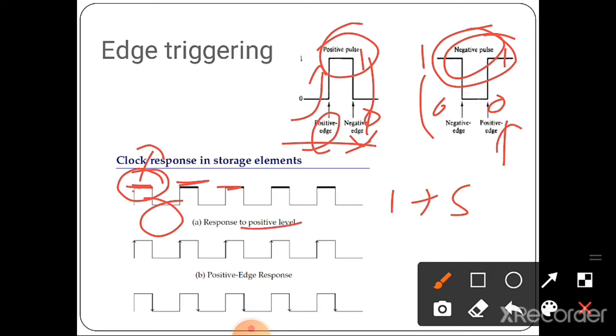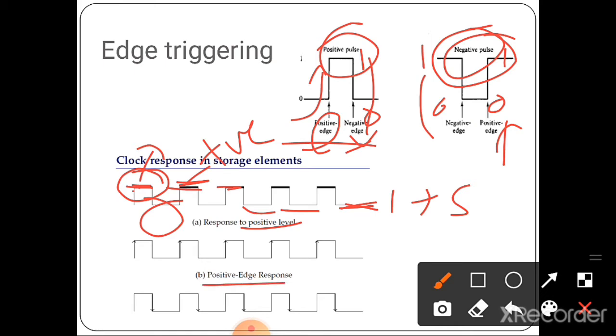The high level is known as positive level triggering, and if the flip-flop changes state during the negative level or negative pulse, it is known as negative level triggering.